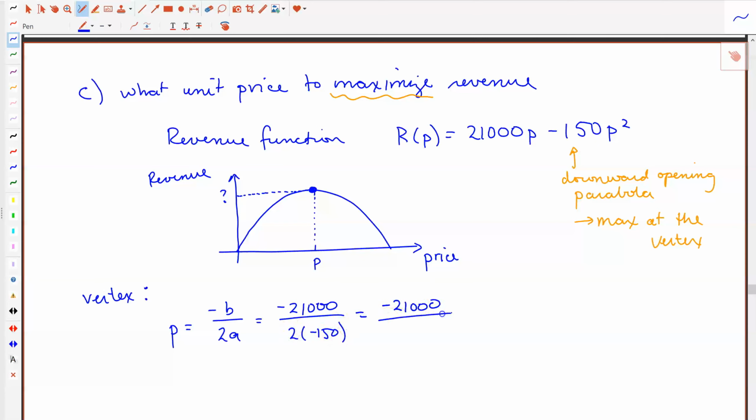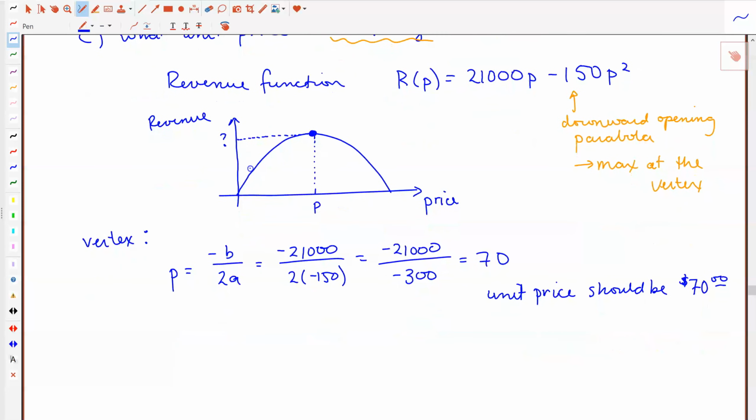So I'll have negative 21,000 over negative 3,000, and we do that division, we get 70. So what we just found is that the unit price should be $70, and that will maximize my revenue.